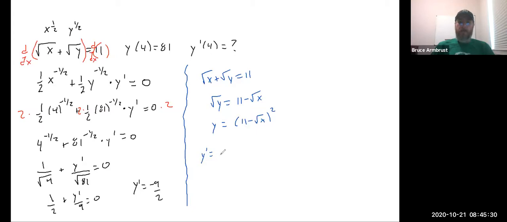We're going to get 2 times 11 minus the square root of x, times the derivative of what's inside, which is going to be a -1/2 x to the -1/2. The 11's a constant. The minus gives me the minus, and then this is x to the 1/2, so 1/2 x to the -1/2. And at this point, we could plug in 4.